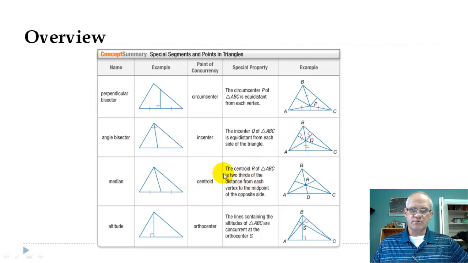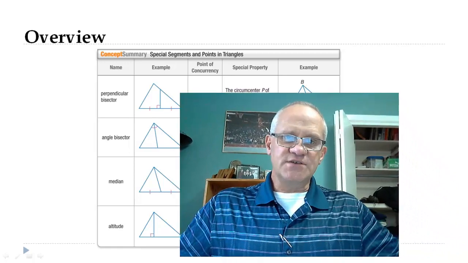The centroid is where the medians all come together in the middle, and at that point on each median, 2/3 of it is from the vertex to that point, and then 1/3 is from the point to the side. And then the orthocenter just goes along with the altitude, and there's nothing special in there to deal with. Okay, so that's it.